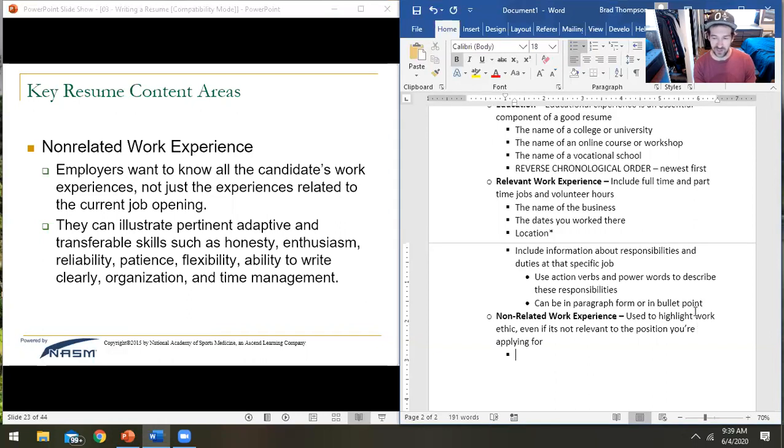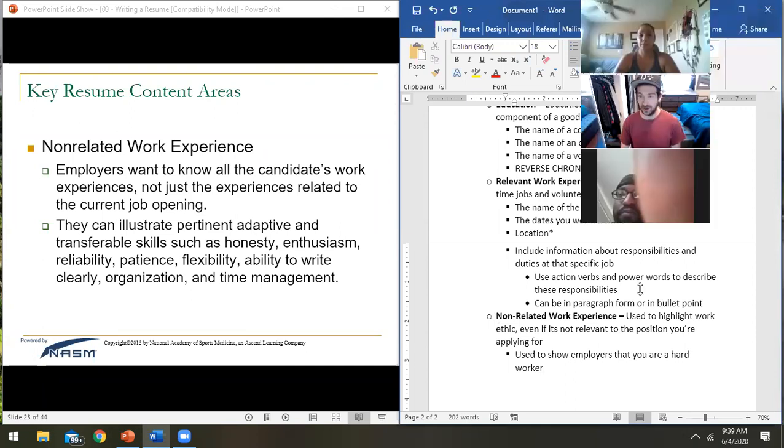This is really just used to show employers that you are a hard worker, right? So that's really what this is for. It's just to show employers that you're a stable person who knows how to hold down a job. You know, if you worked in customer service, I actually always really appreciate it.